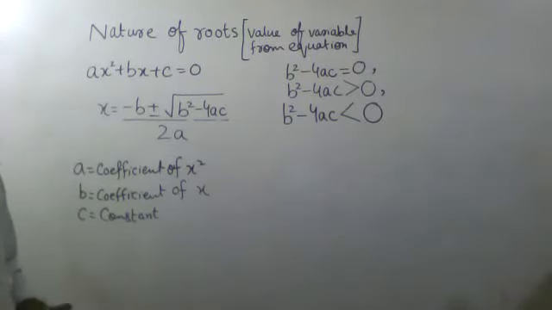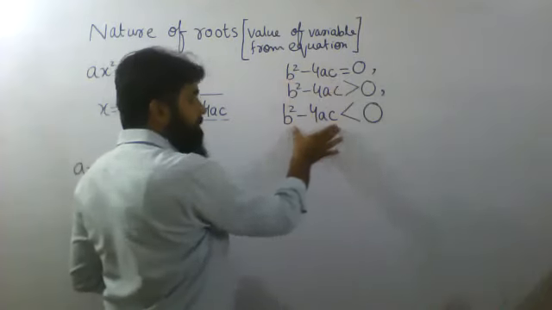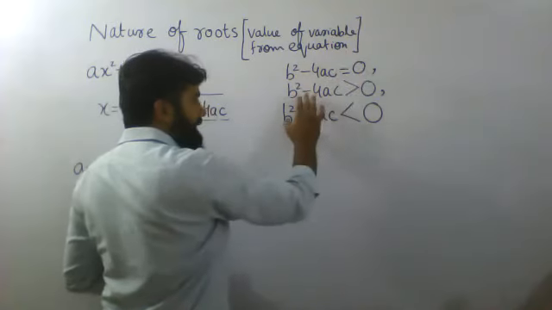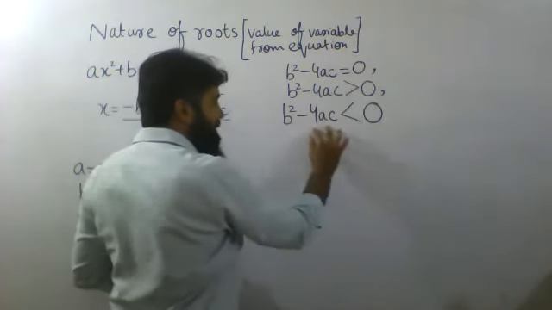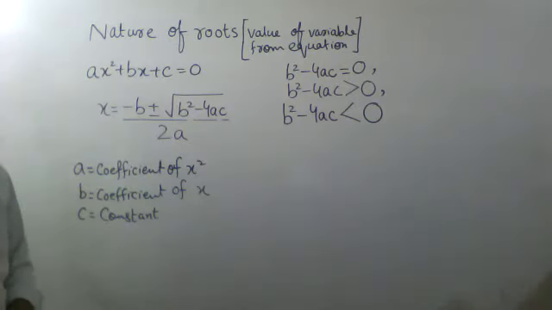I told you that there are 3 cases in which this is going to happen. Either b square minus 4ac will be equal to 0, or b square minus 4ac will be greater than 0, or b square minus 4ac will be lesser than 0. Okay, so now the first thing is, what is b square minus 4ac meant?